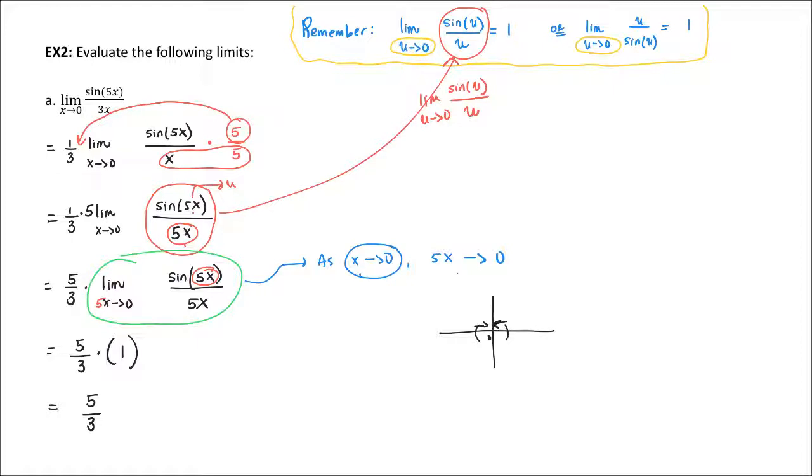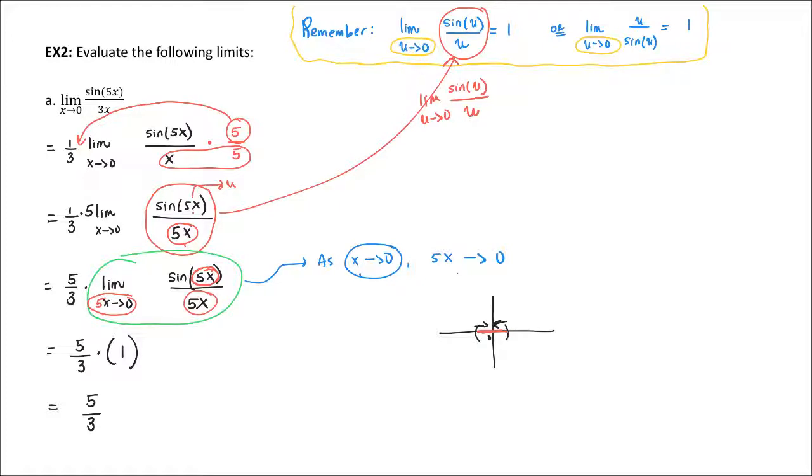And if we are now considering 5x, you can think of 5x as your new variable. 5x is like u. We want to make sure that this new variable, 5x, is approaching zero because what we want to preserve is the neighborhood. We still want to be in the neighborhood around zero.